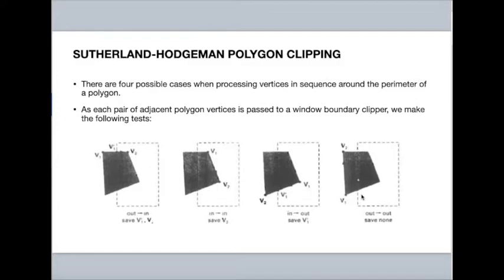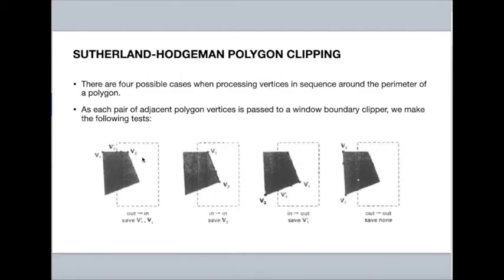As each pair of adjacent polygon vertices is passed to a window boundary clipper, we make 4 tests. The first test is if the first vertex is outside the window boundary and the second vertex is inside.